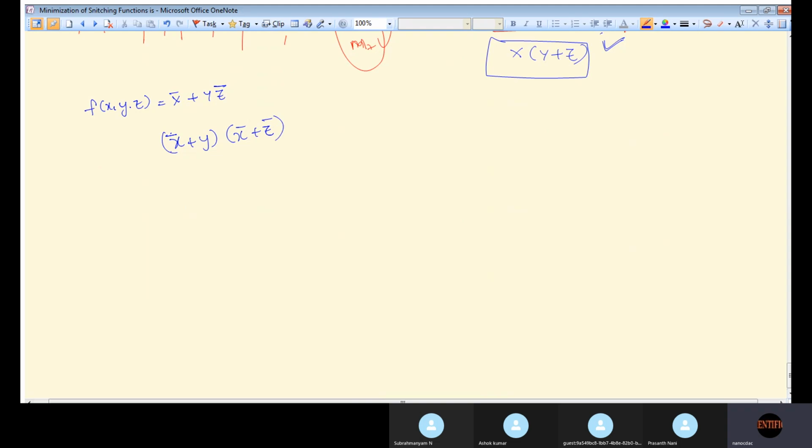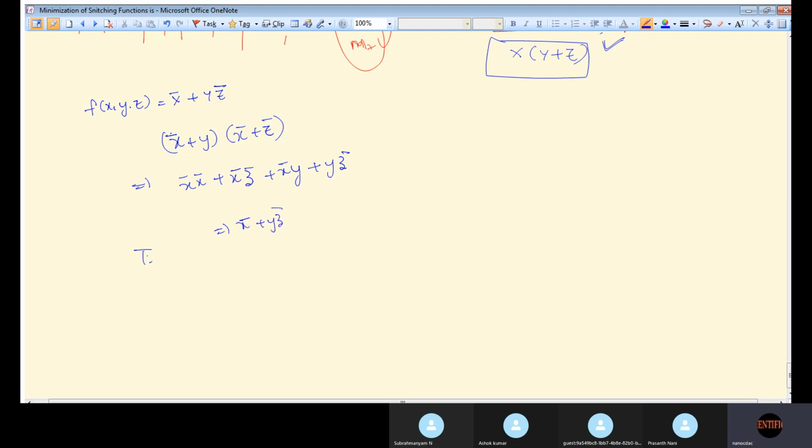So what you will get is x bar plus x bar z bar plus x bar y plus yz bar, which is equal to again x bar plus yz bar.